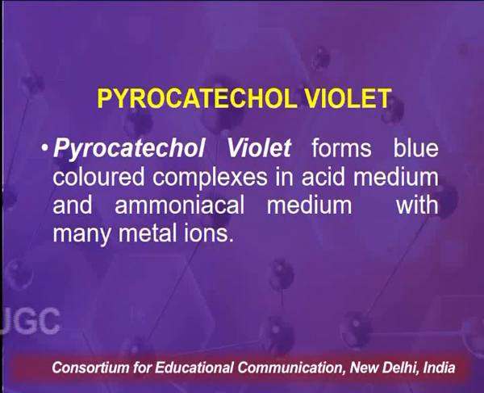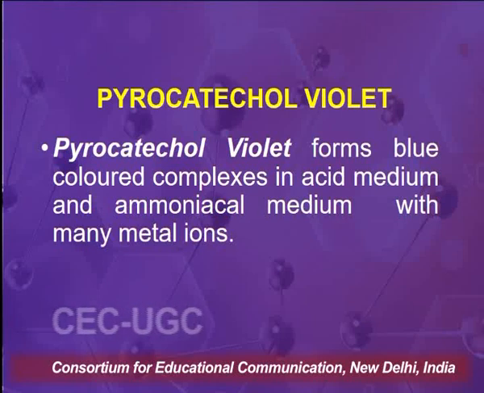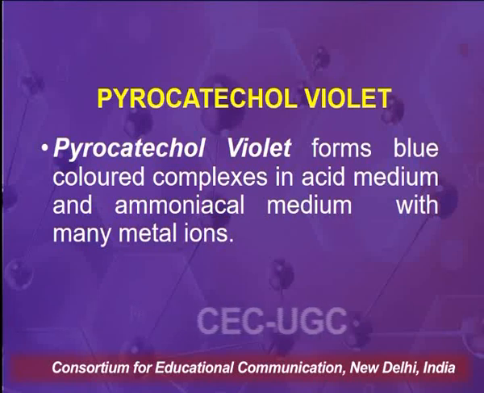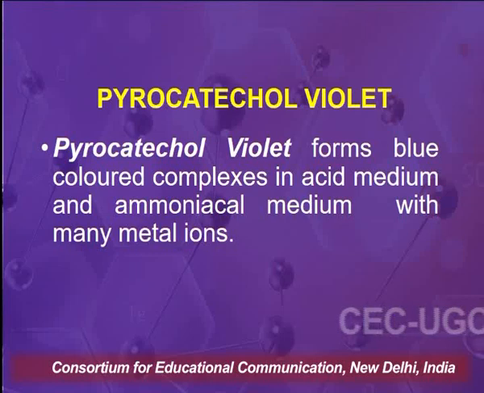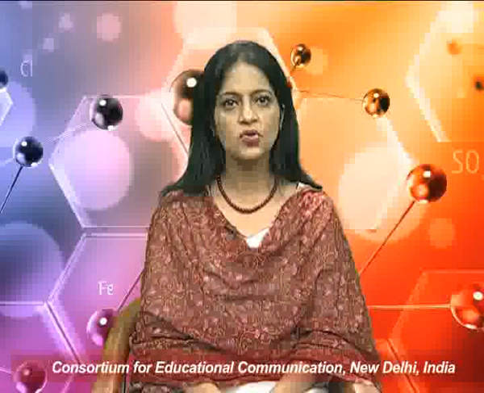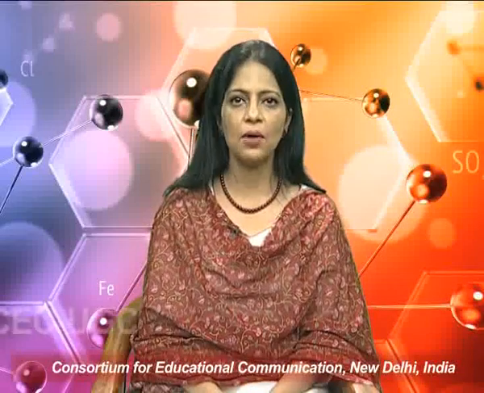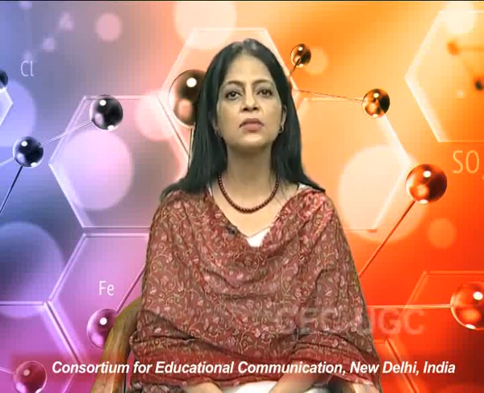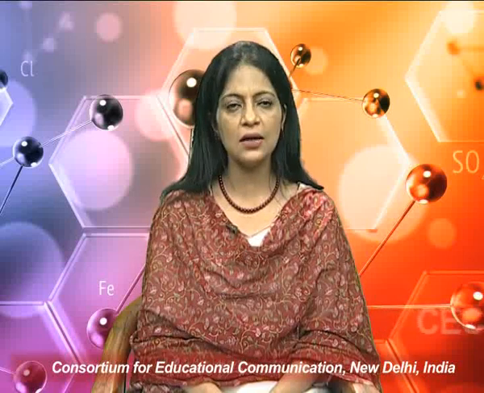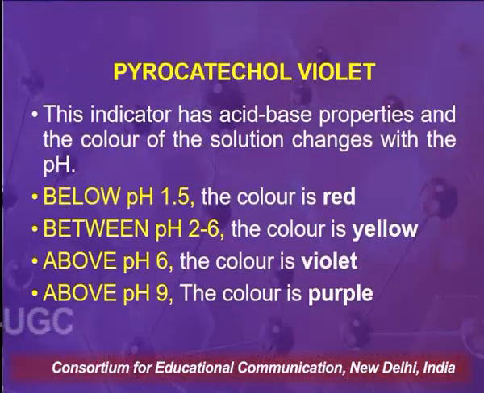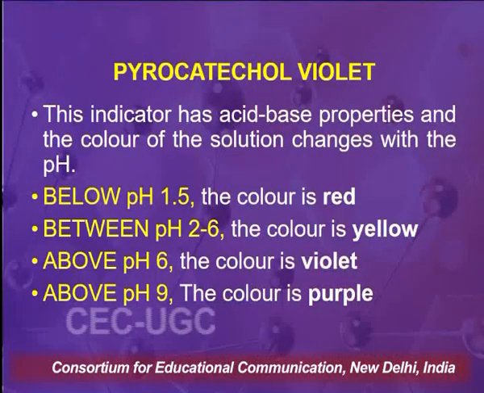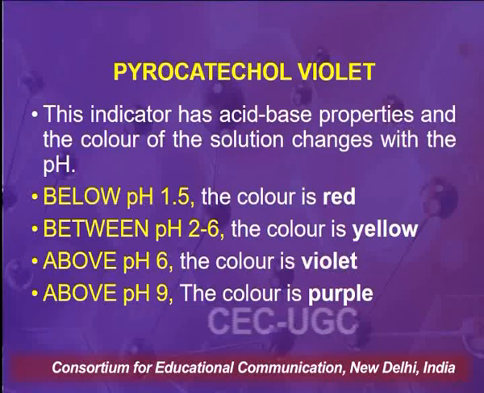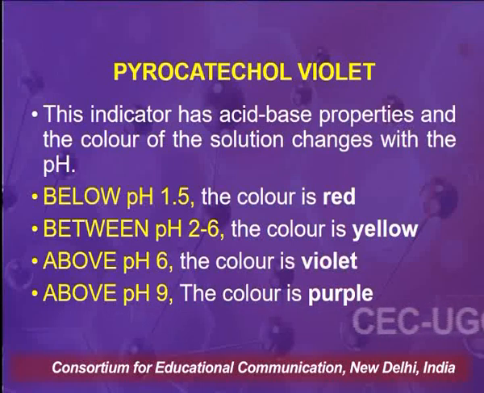Pyrocatechol violet forms blue colored complexes in acidic medium and ammoniacal medium with many metal ions. So if a metal complexes with pyrocatechol violet, then the color becomes blue. The earlier colors which are seen are the individual colors of the indicator, that is, without the metal ion; pyrocatechol violet changes color according to the pH.